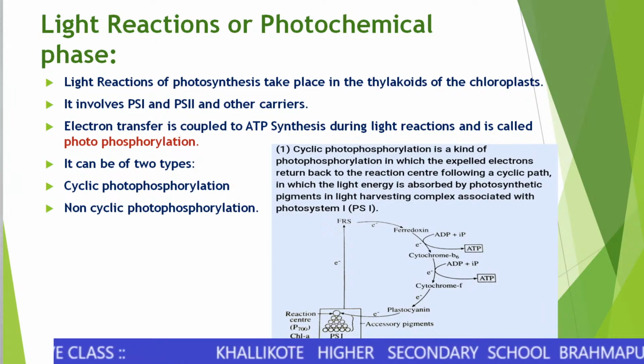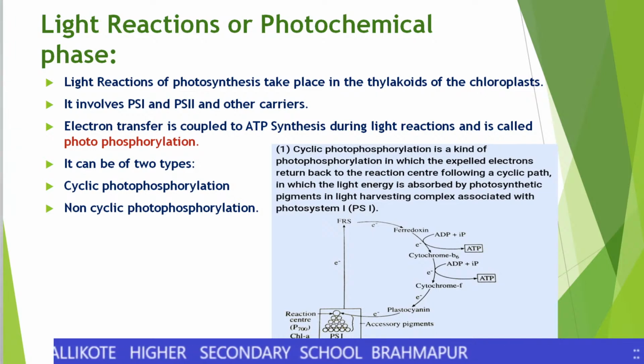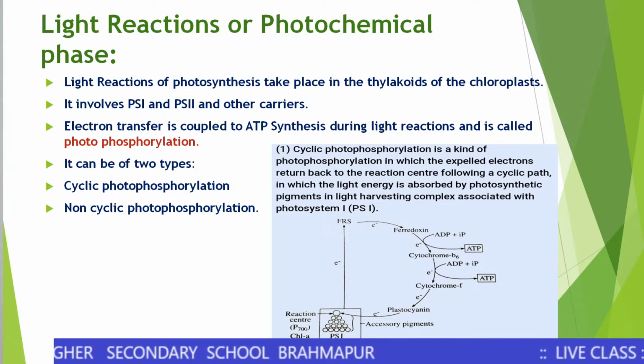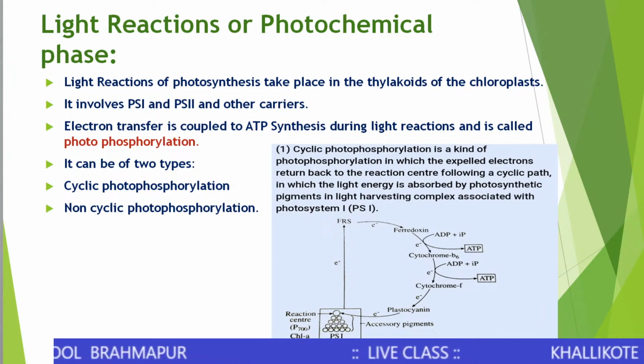So coming to the phenomenon of cyclic photophosphorylation. Cyclic photophosphorylation can be found in photosystem 1.